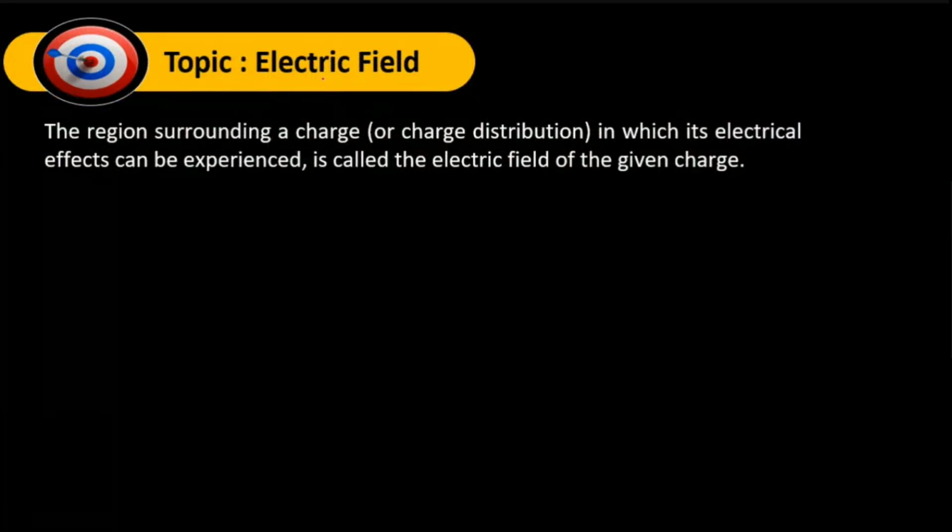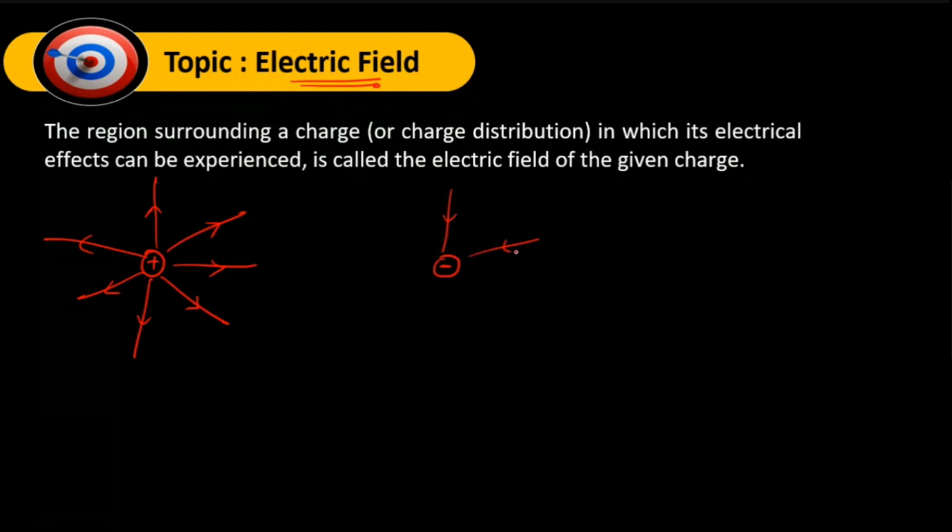So first thing is, what is electric field? You need to understand that whenever there is a charge, whether it is positive or negative, because of this charge there must be some kind of field, and that field is regarded as electric field. Electric field is a vector quantity.